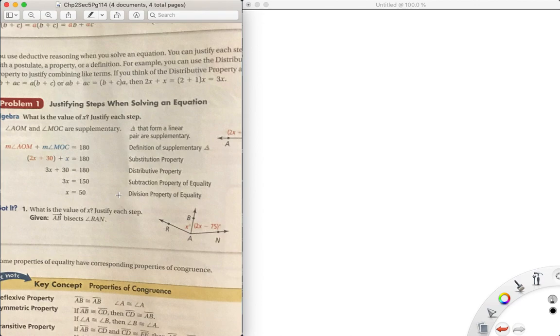So, it says given that AB bisects angle RAN. So we have ray AB here, and it's bisecting angle RAN.